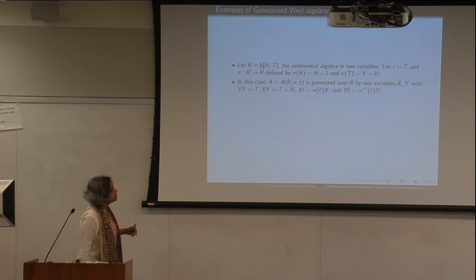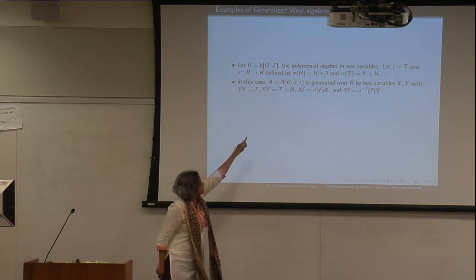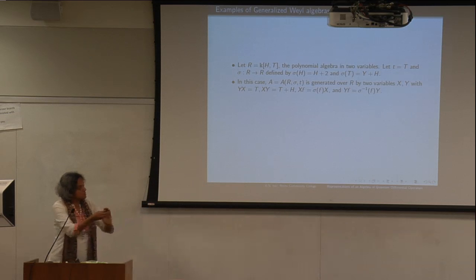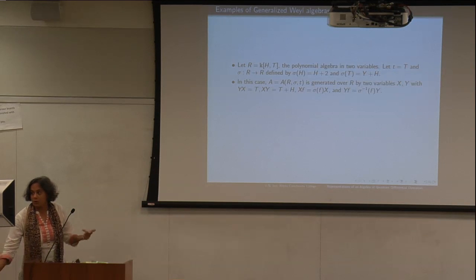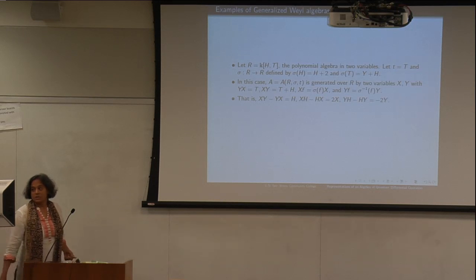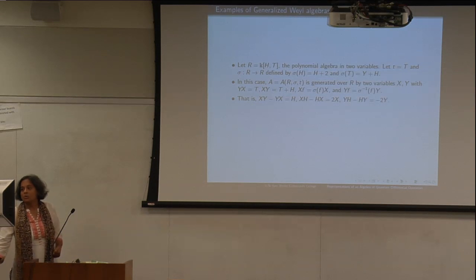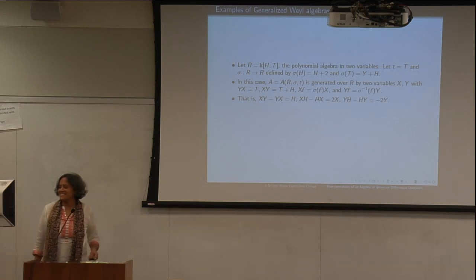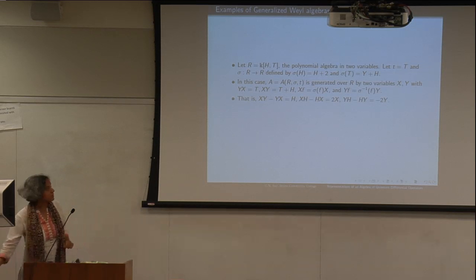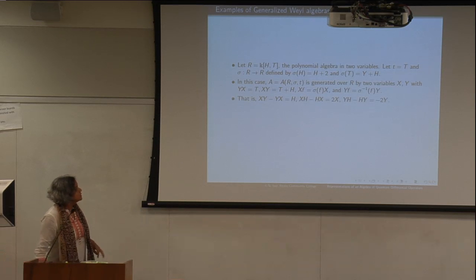You have two new variables, x and y, satisfying these two relations and commuting with the polynomials appropriately. And you get... what is sigma t equals y plus h? What's that y then? Is it supposed to be... Oh, I'm sorry, it is t. The wrong finger got fired.